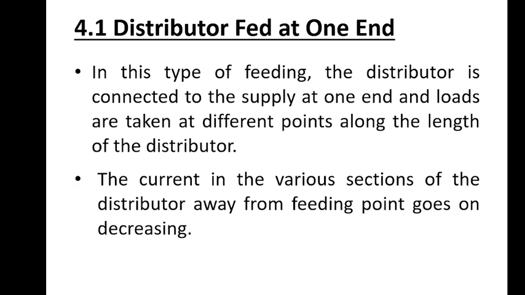As electrical power flows from the feeding point toward the far end, the current gradually decreases because part of the load is tapped off at each intermediate point. This means that the section closest to the supply carries the highest current, while sections farther away carry progressively less current. So understanding this current distribution is essential for proper design, voltage drop analysis, and ensuring efficient operation of the systems.